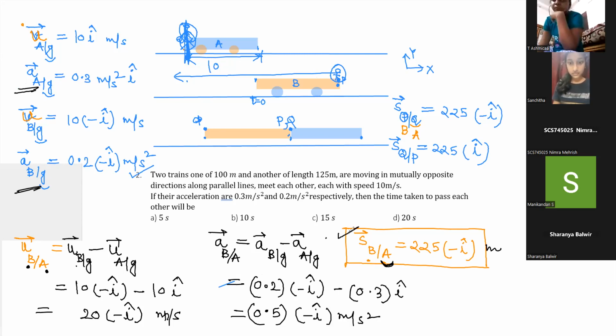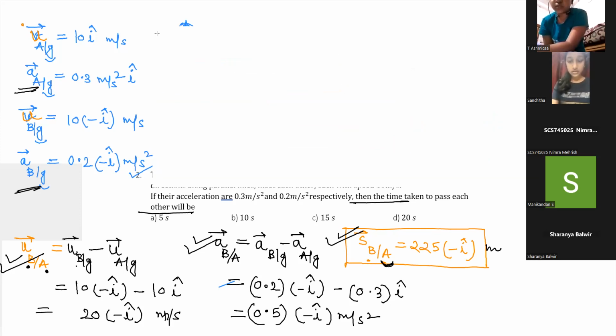So we have displacement, we have acceleration, we have initial velocity. It is asking what is the time taken to pass each other, right? Which equation will we use now? Second equation of motion. So SBA is equal to UBA T plus half ABA into T square.